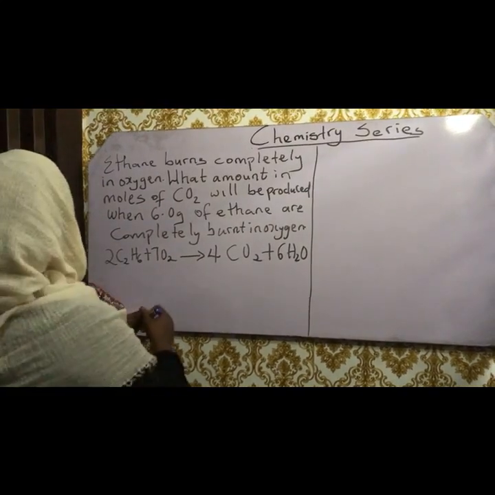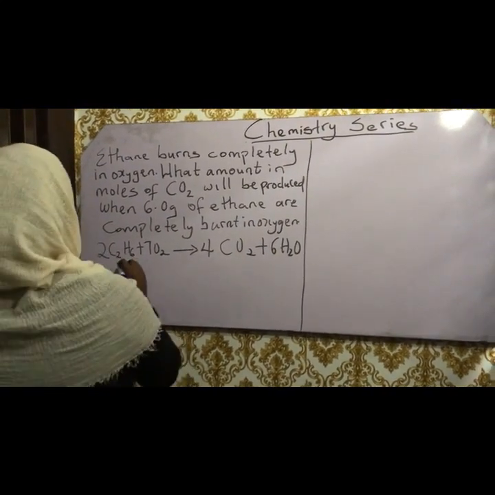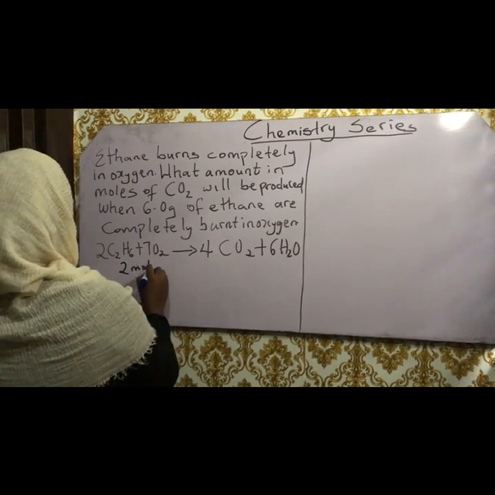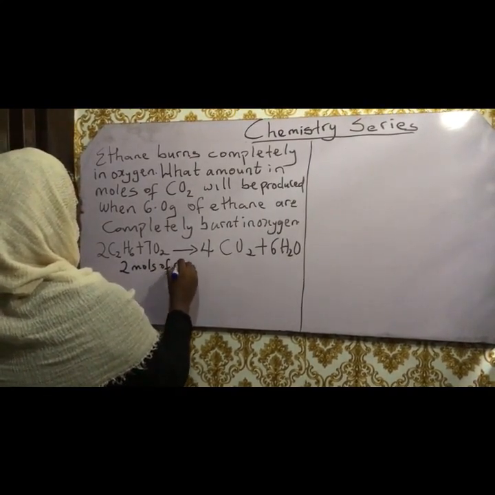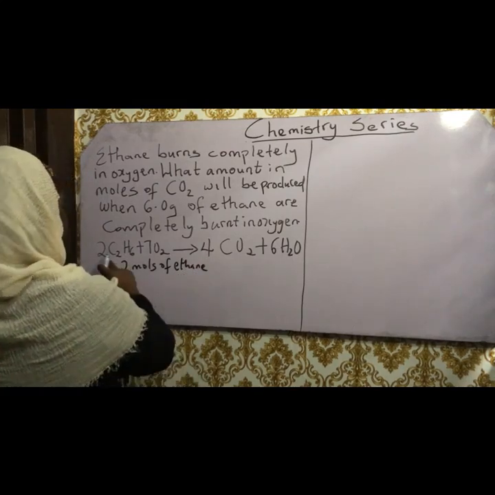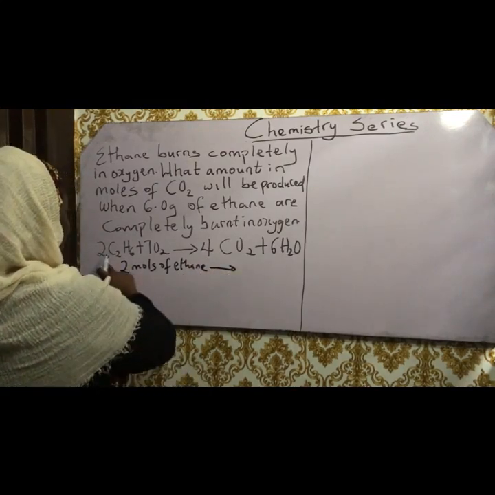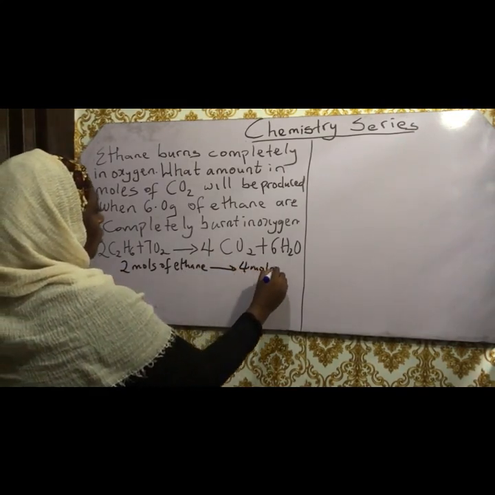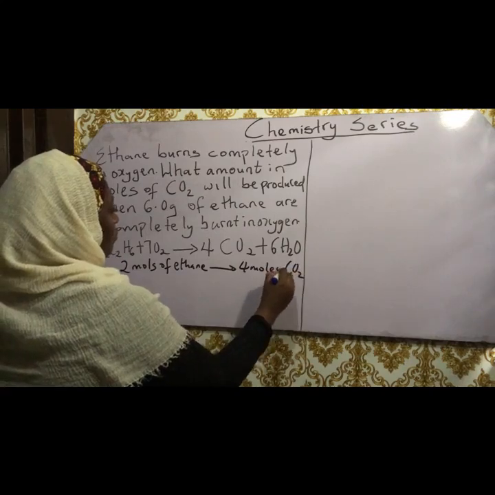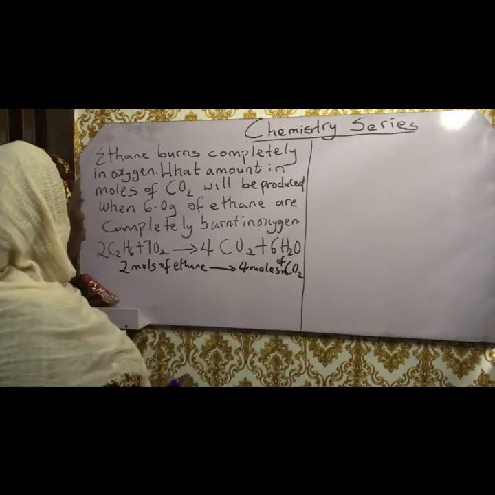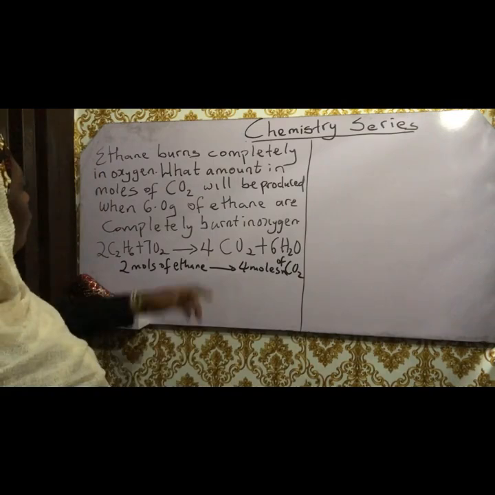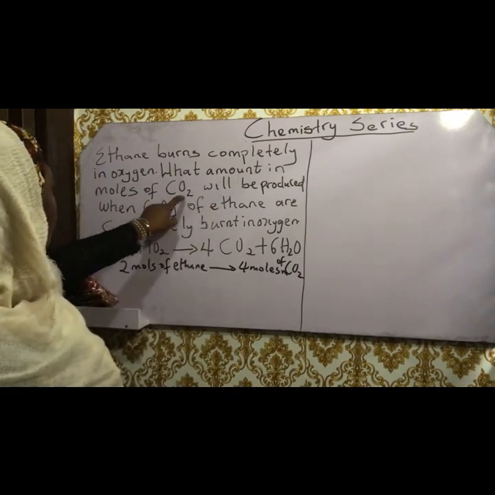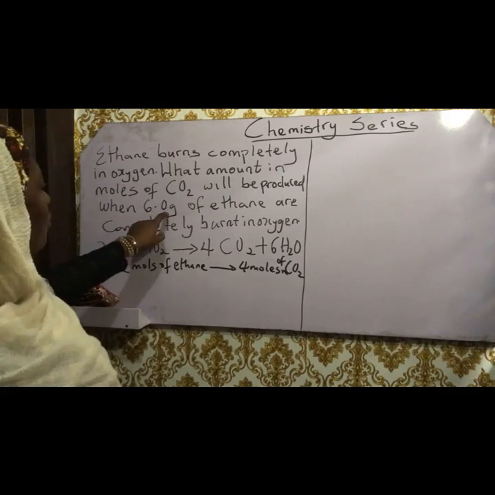So, in the reaction, we have 2 moles of ethane. This is ethane. And from the reaction, 2 moles of ethane give 4 moles of CO2. But looking at the question, what amount in moles of CO2 will be produced for 6.0 grams?